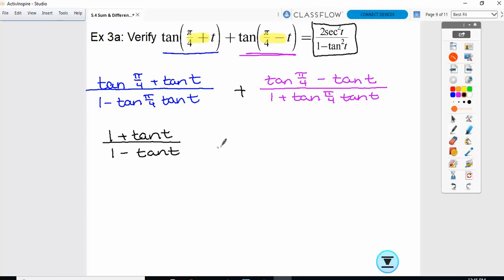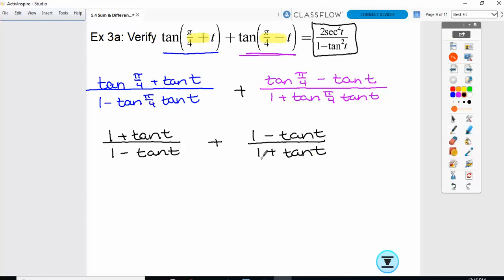So this would be 1 times tangent t, which is just tangent of t. Over here, tangent of pi over 4 is still 1 minus tangent t over 1 plus 1 times tangent t.